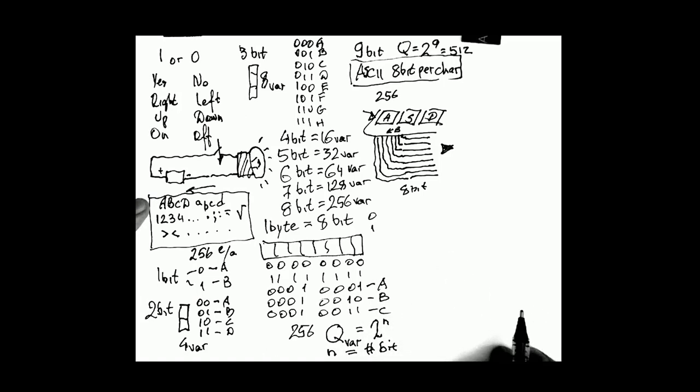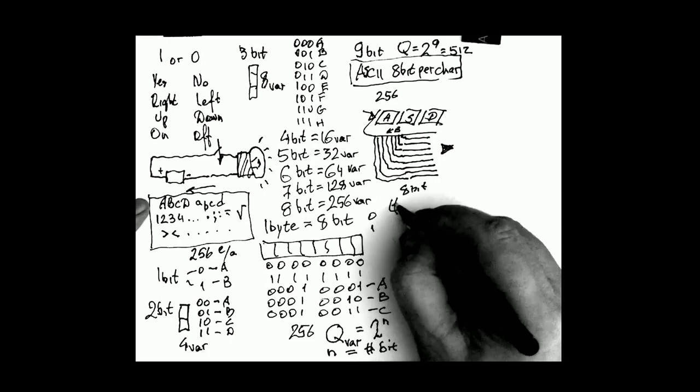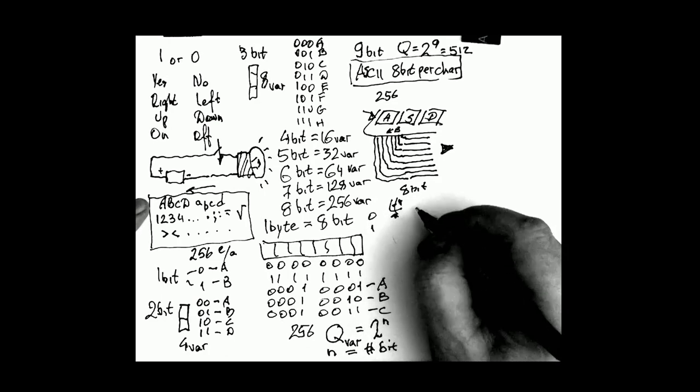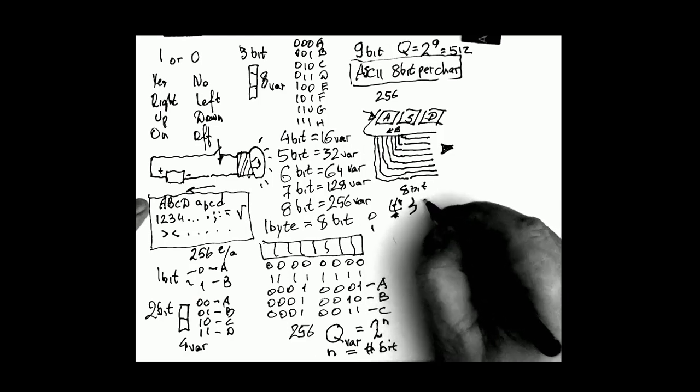But the question is, we have different languages. We have, let's say, Chinese language, which utilizes symbols like this, hieroglyphs. We have Arabic alphabet. We have Greek, something like this.